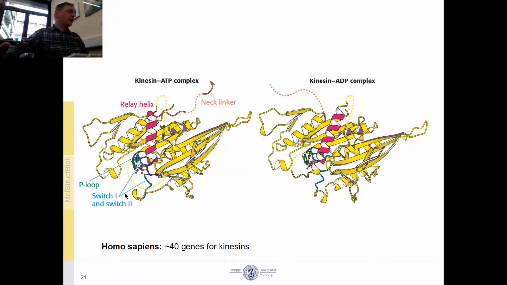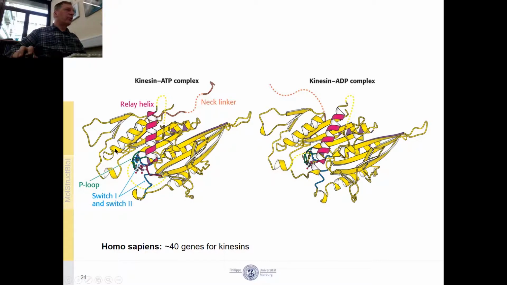So the idea for the kinesins is that we have here our neck region, our ATP. We have again our P loop, which we always have, because it's associated to the phosphate. And we have, as we have seen with the G proteins, our switch regions, which change the conformation upon hydrolysis. So what is happening here in that case? When hydrolysis happens, it is transmitted first to the switch regions, but they also have an effect on this relay helix.